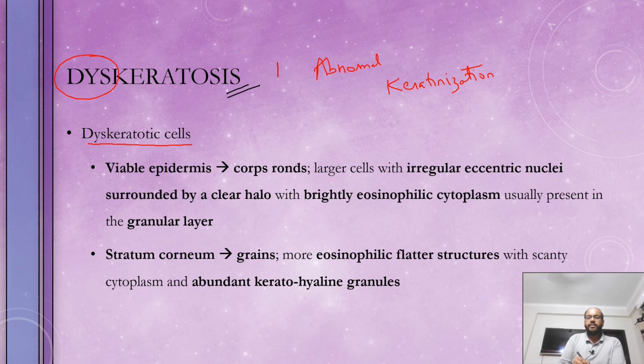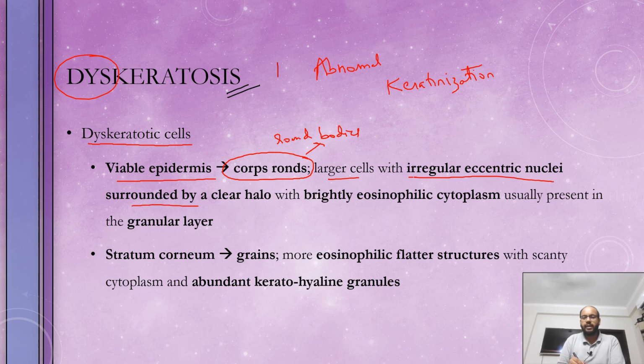If the dyskeratotic cells are present inside viable epidermis, that means the epidermis is normal, but in between you have these dyskeratotic cells, they are known as corps ronds, which means round bodies. These are larger cells with an irregular eccentric nucleus surrounded by a clear halo with brightly eosinophilic cytoplasm.